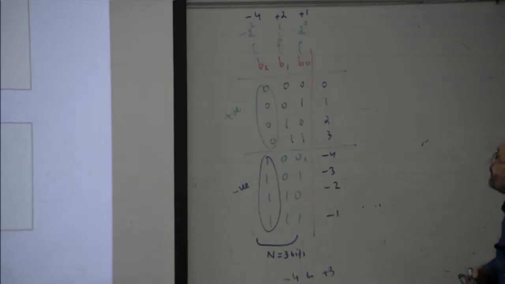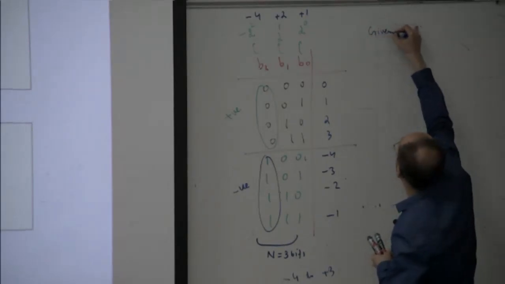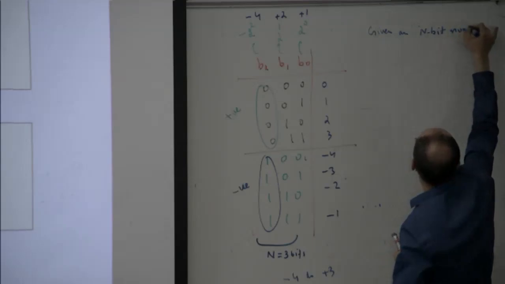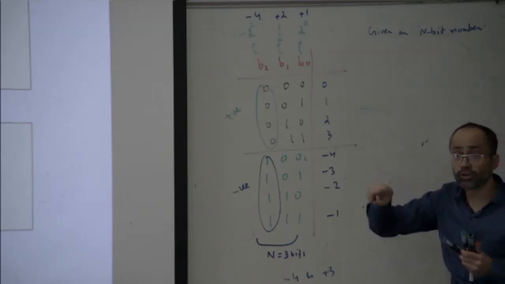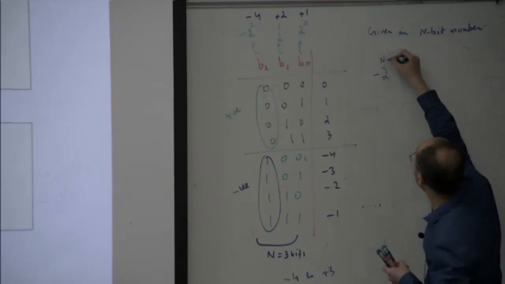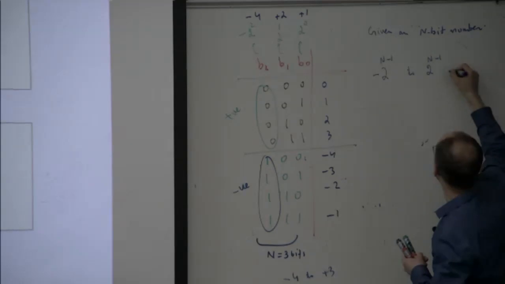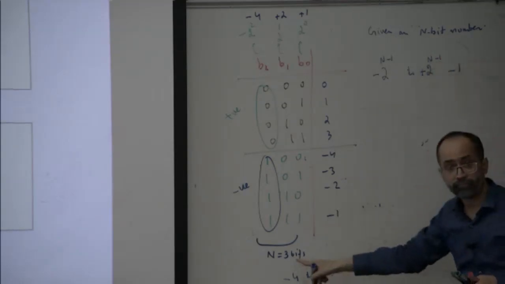Got it? Now given an n-bit number, the range of the data in the 2's complement form will be from -2 to the power n minus 1, to 2 to the power n minus 1, minus 1. What is n here? 3.